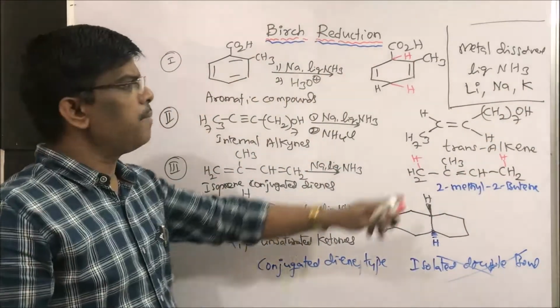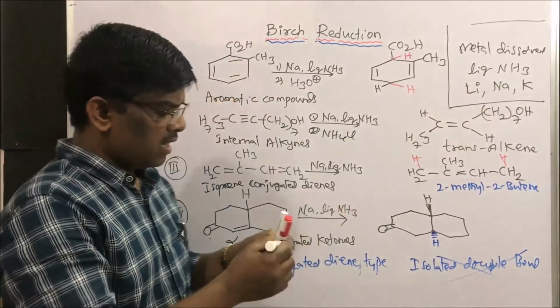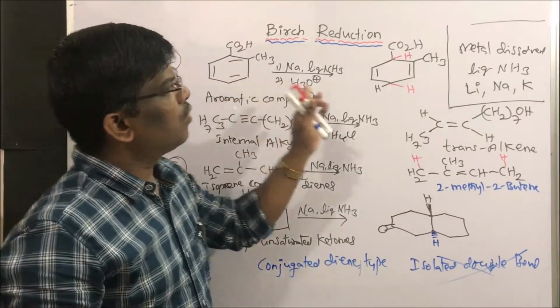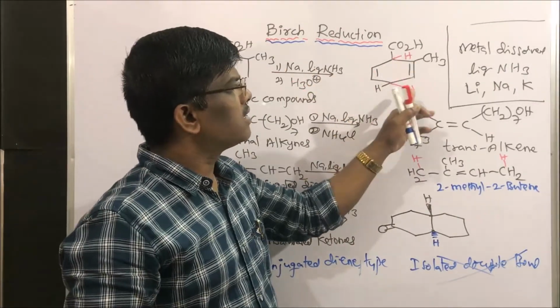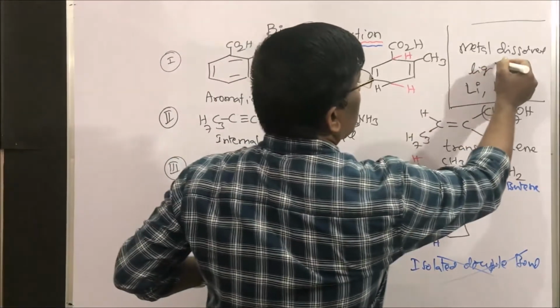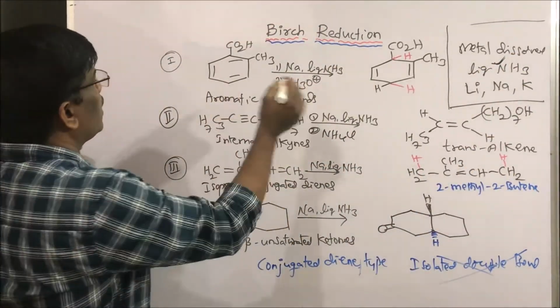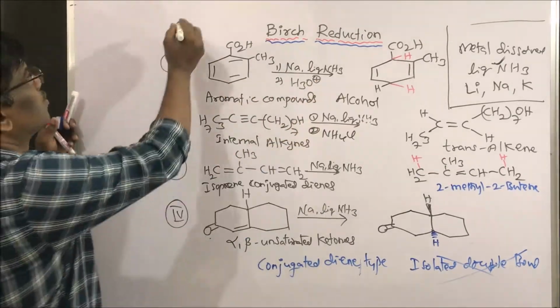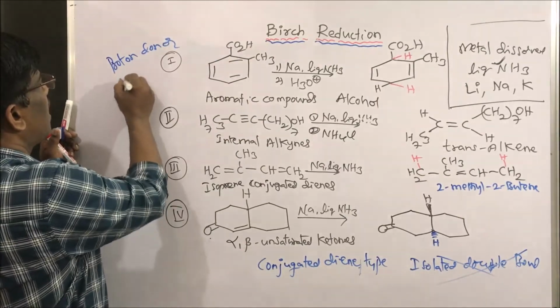These are the three metals that can be used. Then during the reaction, which is the proton source? Usually ammonia can act as a proton donor, or we can use alcohol. So the proton donor in Birch reduction is alcohol.